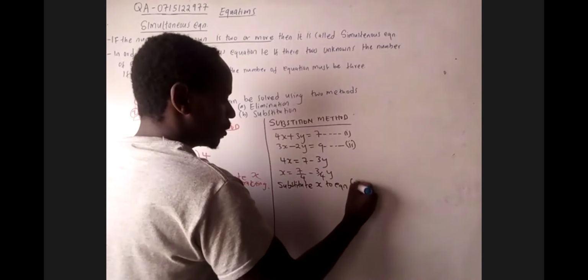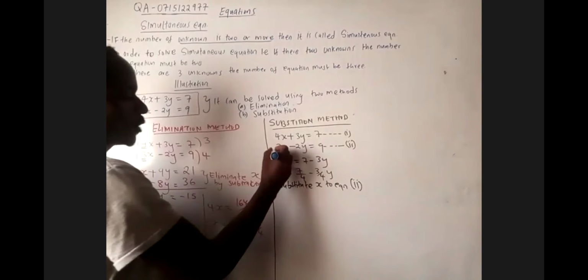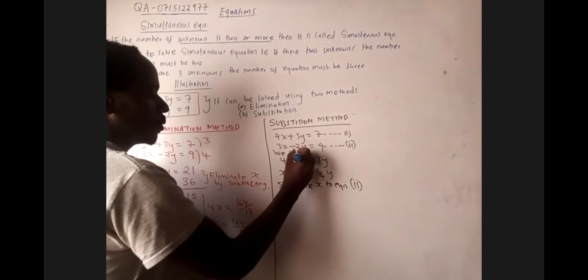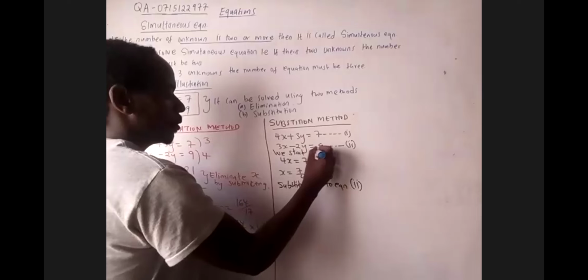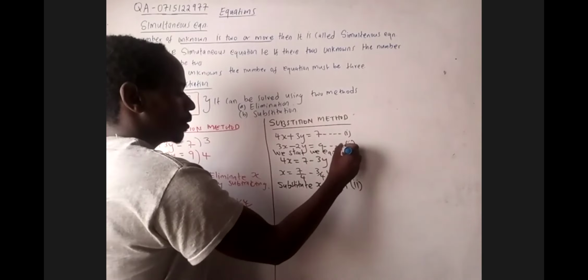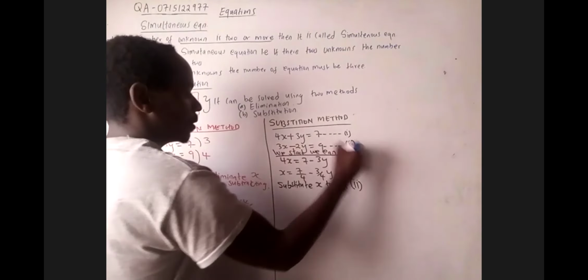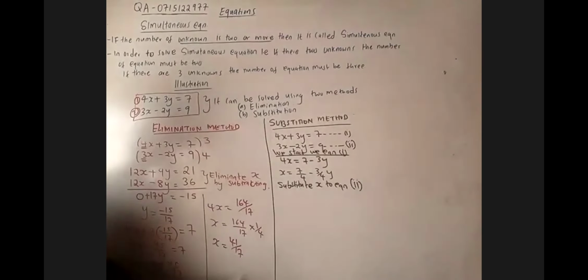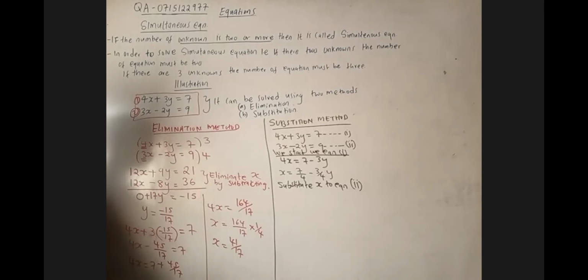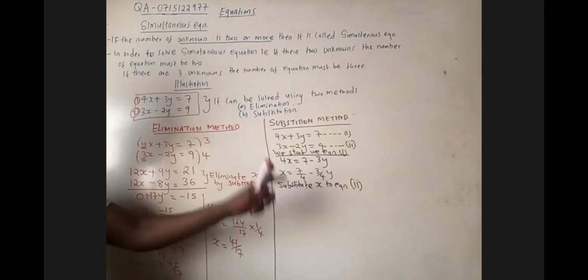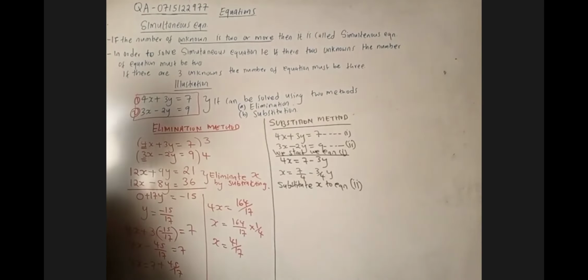So we started with equation 1. Tunaanza na equation 1 by making x the subject formula. So 4x is equal to 7 minus 3y. Then x will be equal, divided by 4 each part, to 7 over 4 minus 3 over 4y.